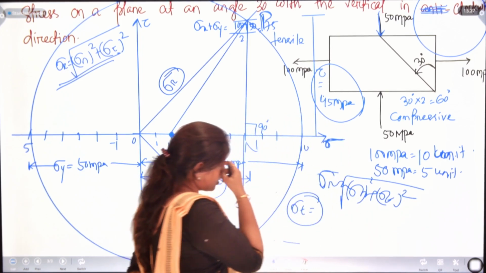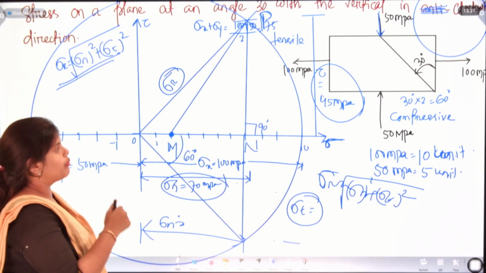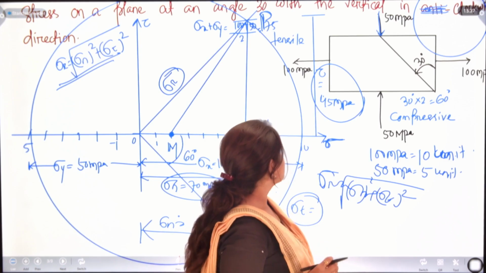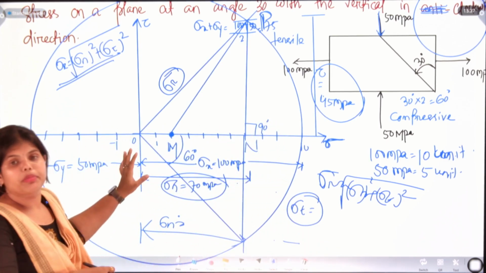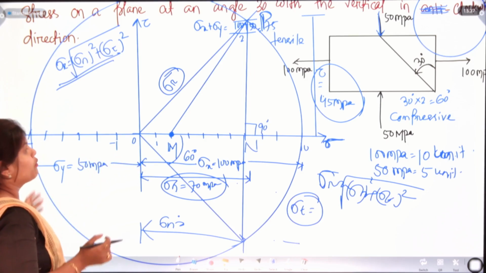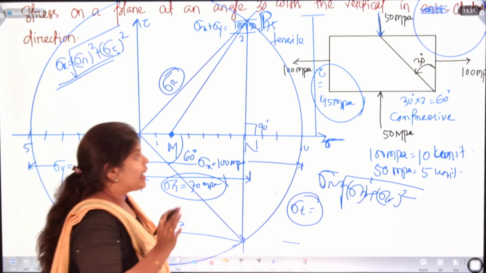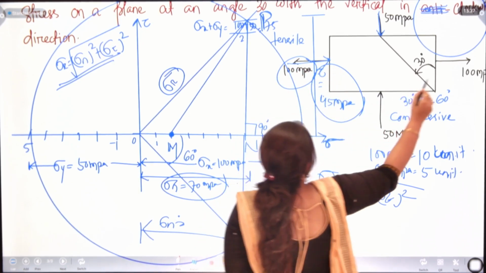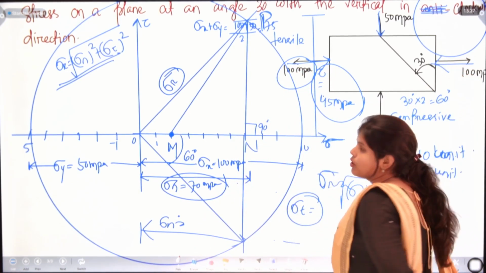So there will not be very large changes, but there are minimum changes we need to remember. If there are compressive and tensile stresses, we just need to draw this diagram. Another thing is, if this 100 megapascal is in the compressive direction, what do we need to do?